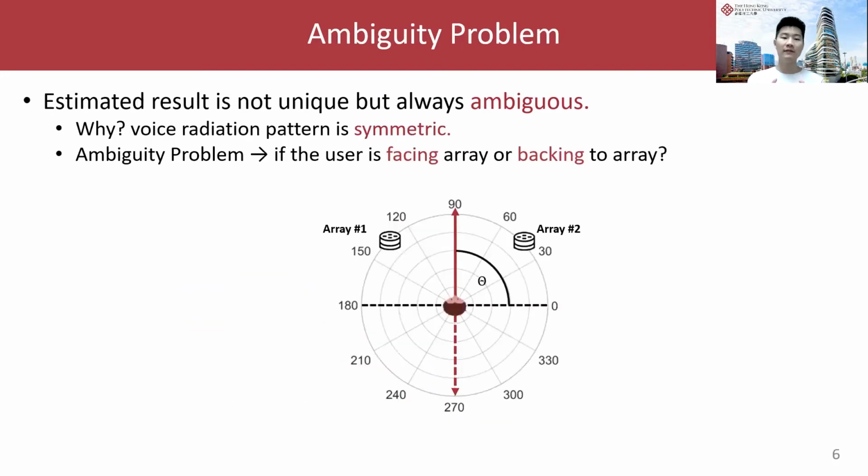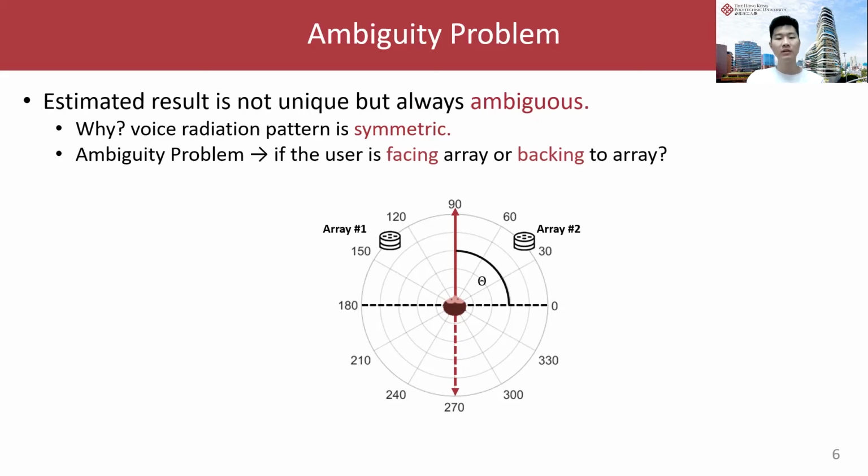Okay, so far, we still have a problem. The estimation result is not unique, but always ambiguous, since the voice radiation pattern is symmetric. Thus, we can't obtain a unique result with only two arrays. For example, when two arrays measure the same energy levels, we cannot say whether the user is speaking toward 19 degrees or 270 degrees.